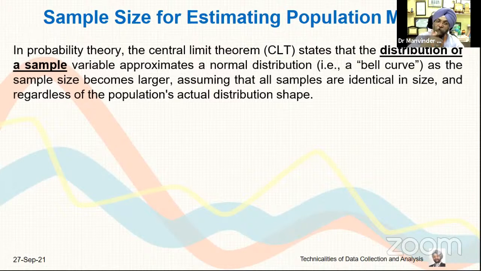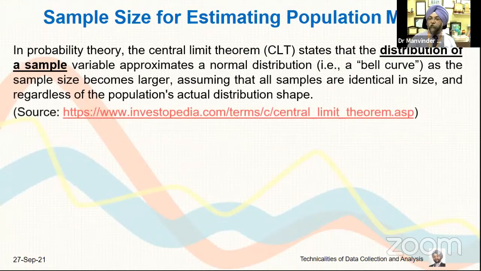So if you start with a smaller sample and move to a larger sample, the sampling distribution itself starts taking a normal curve. Every theorem has its own assumptions, right?